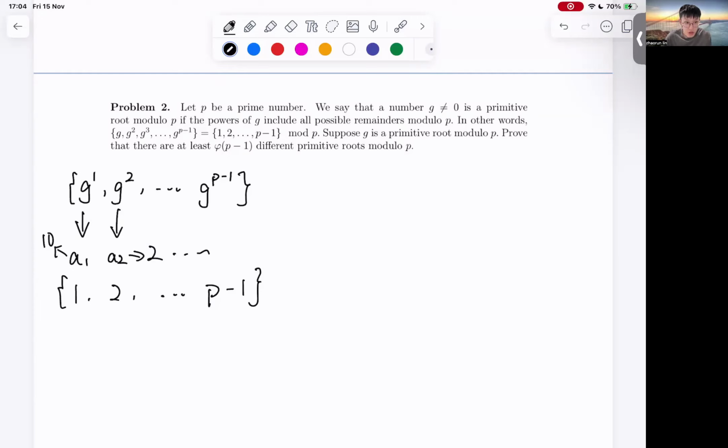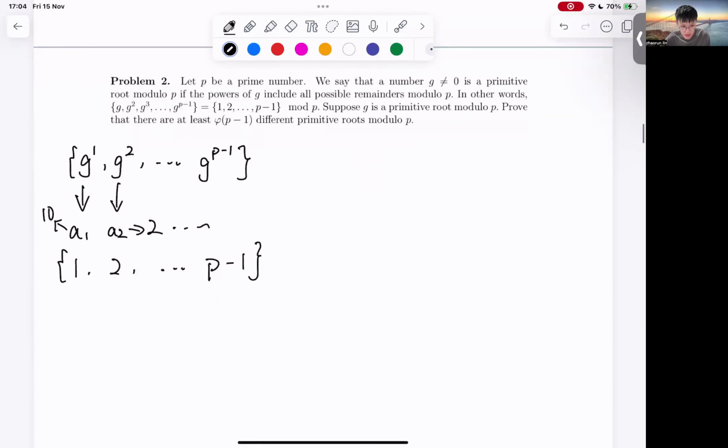And if you recall from the lecture, we have the permutation graph, and we have proven that every permutation graph consists of a finite number of distinct cycles with the same length, and we can use that fact here.